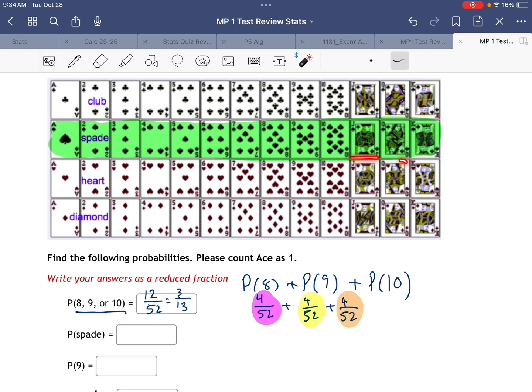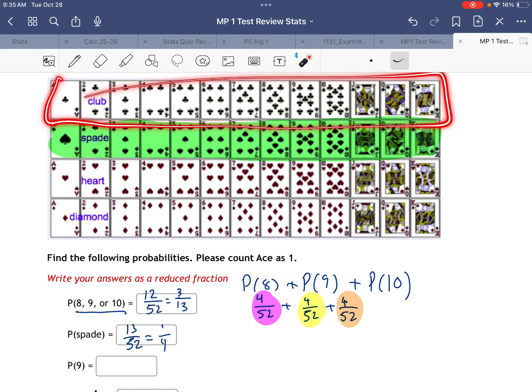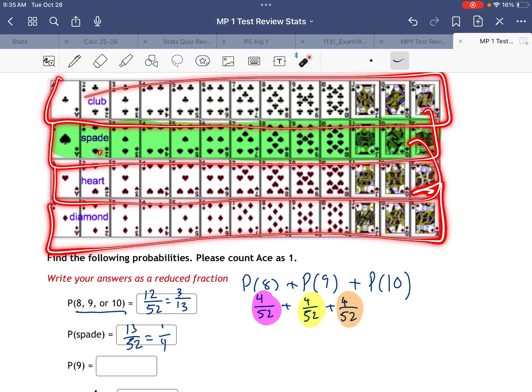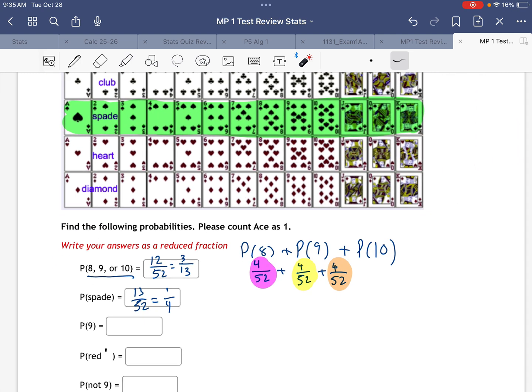But this is a jack of spades, a queen of spades, a king of spades, and an ace of spades. So there are 13 total spades out of the 52 cards. This is going to be 1 out of 4, which makes sense because there are 4 different suits, all with the same amount. All of them have 13. So when I look at this fraction, it's 1 out of the possible 4 when we reduce it.